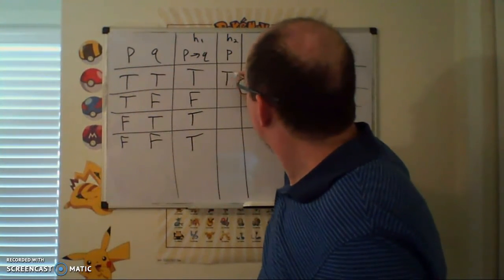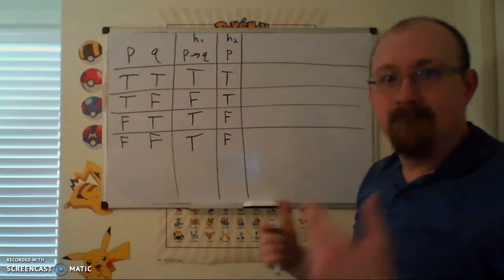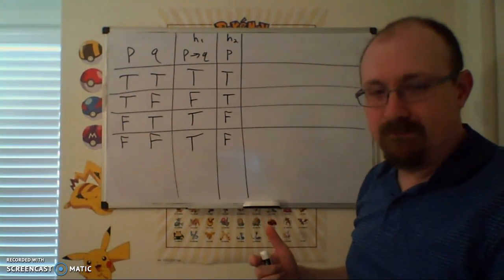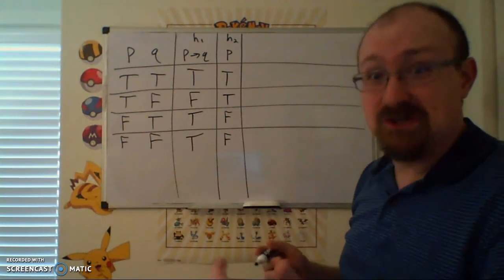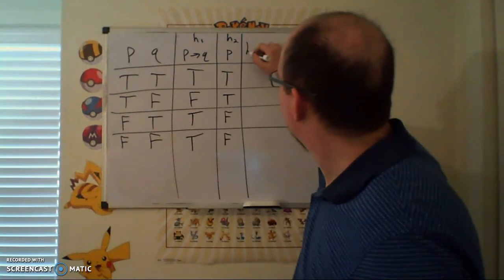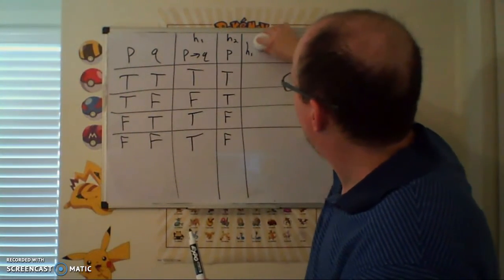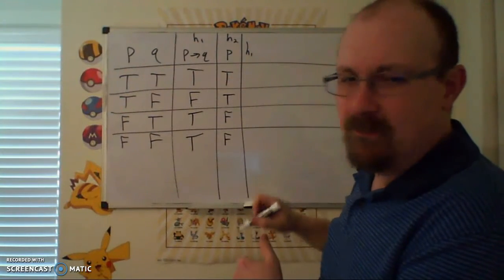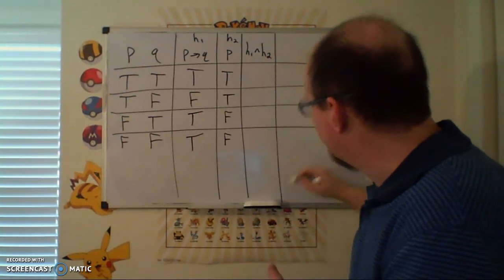Okay. So now we've got H1 and H2. I've already let the cat out of the bag on what we're going to do next. Let's go ahead and do that conjunction, because in our big endgame statement, that was in parentheses. I've done real well with not writing an A when I try to do that little caret thing.